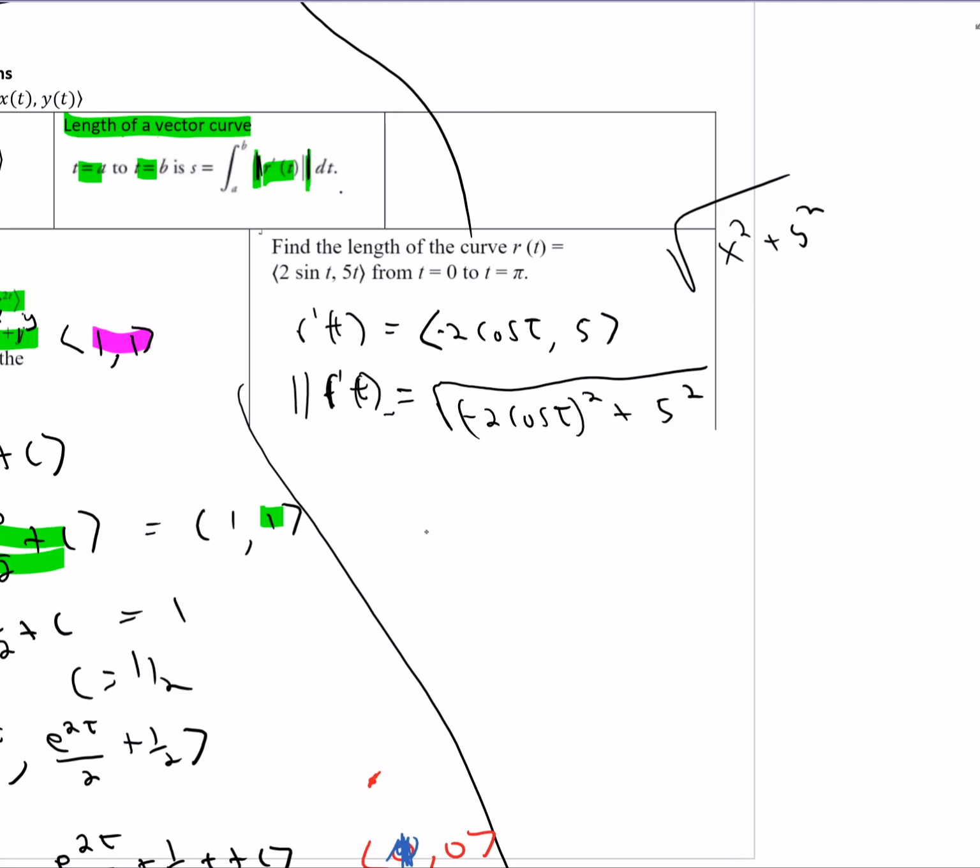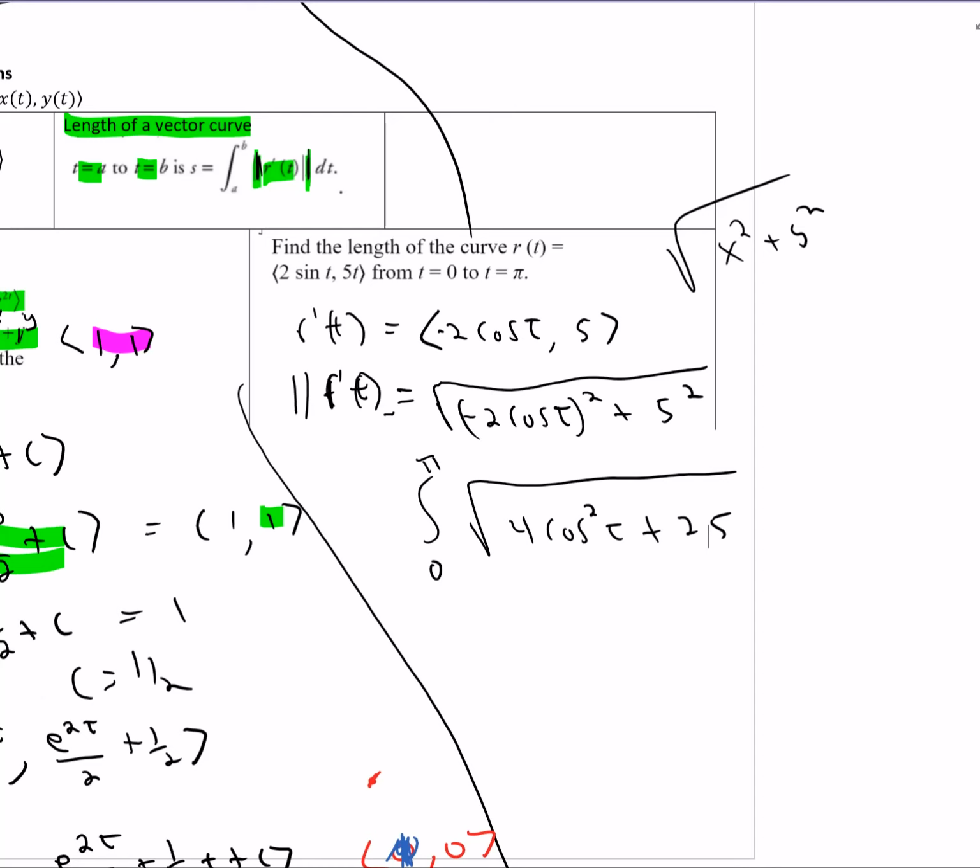So the integral from 0 to pi of this thing. And if we square it, we're actually going to get 4 cosine squared t plus 25. We can put this on a graphing calculator to help us solve this, because otherwise it's a bit tricky. You'd have to use that trig identity here again.